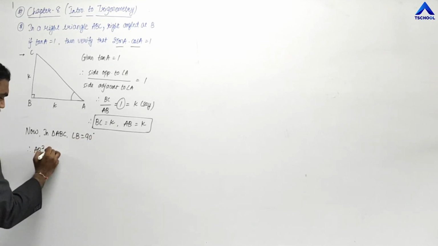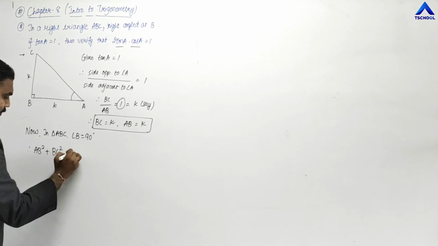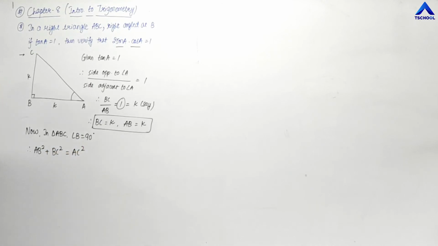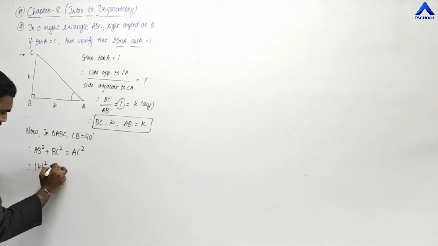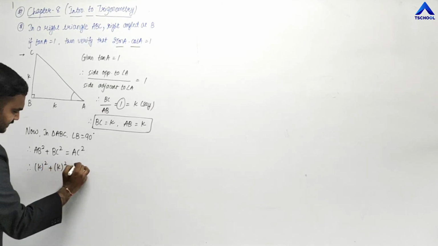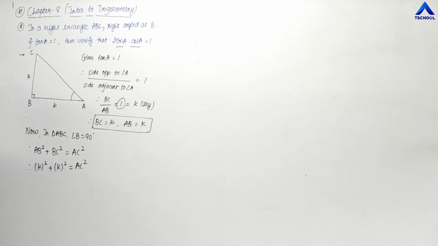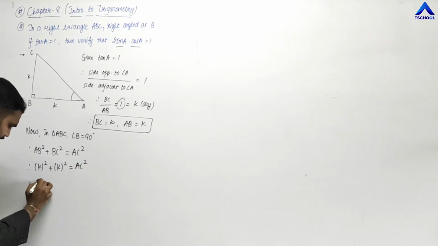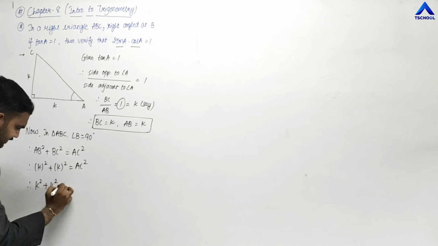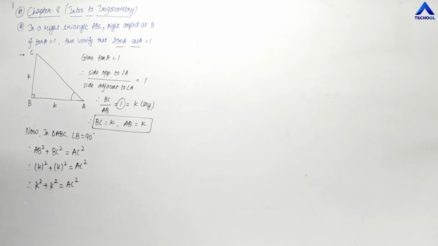Therefore, AB square plus BC square is equal to AC square.